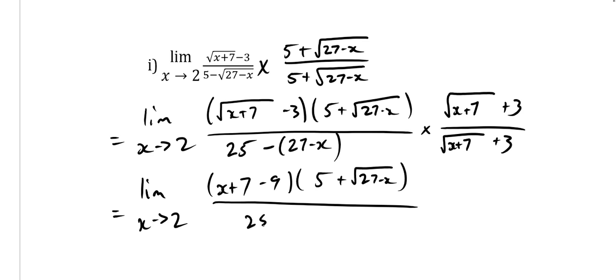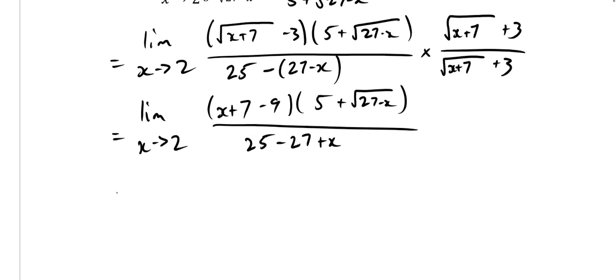And now I've got 25 minus 27 plus x. And what do I notice happens here? So I've got x plus 7 minus 9.